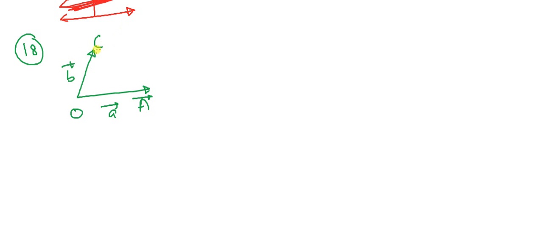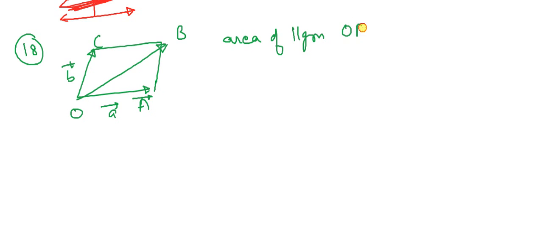Let's come to our 18th point. 18th point says that if you have OA here and your OC here, so A vector, B vector, and their net vector is this point. And the area of parallelogram OABC is equal to how much?